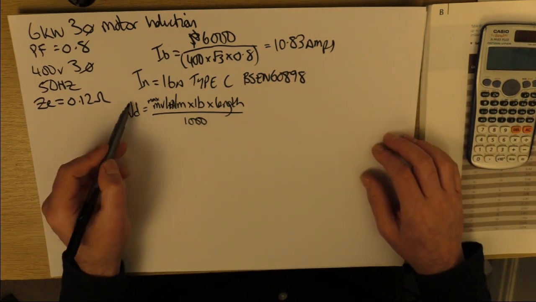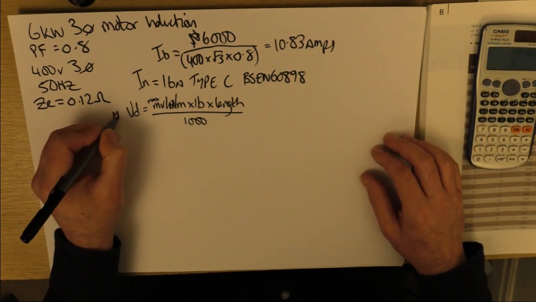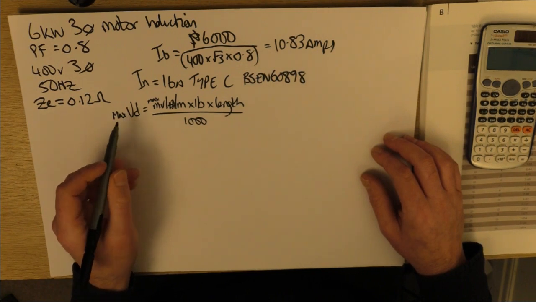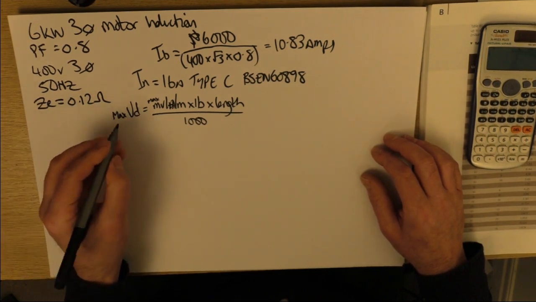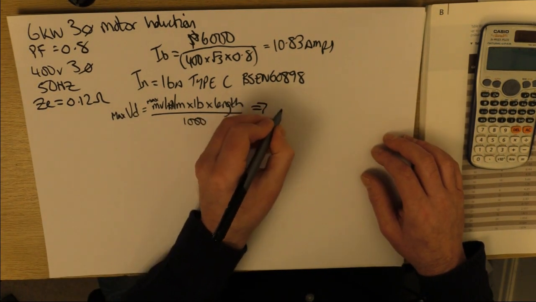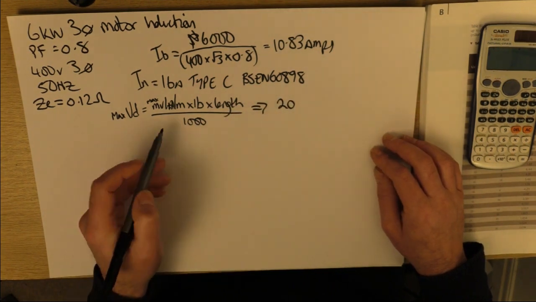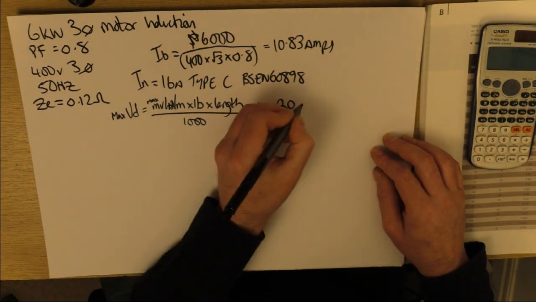Now we know the maximum volt drop allowed. We said it was 20 volts, so we can replace that with just 20. And then we just need to transpose for that.